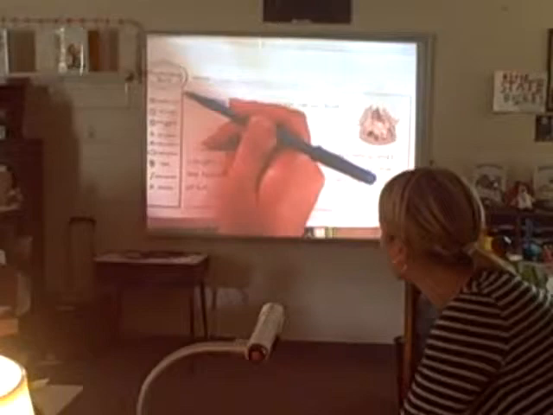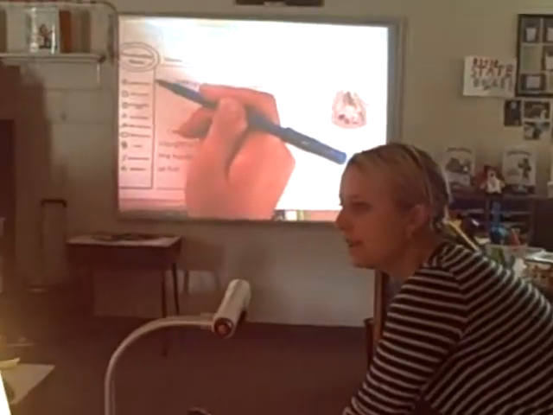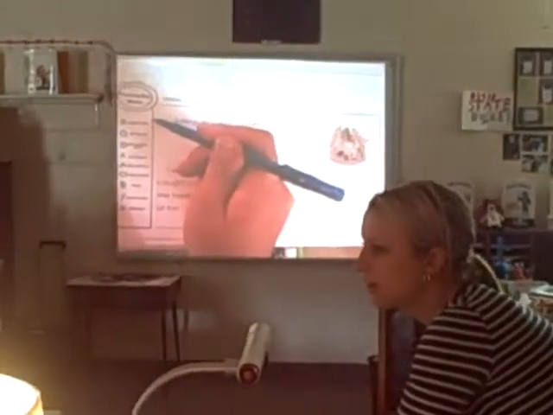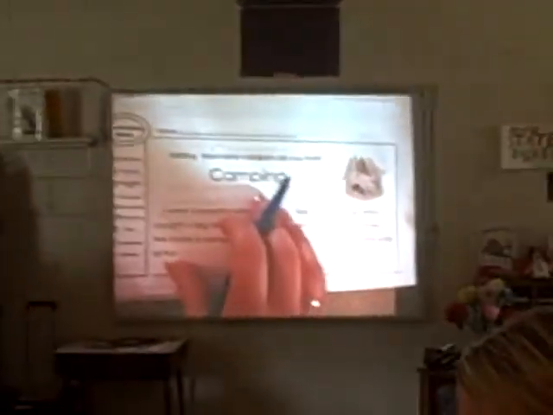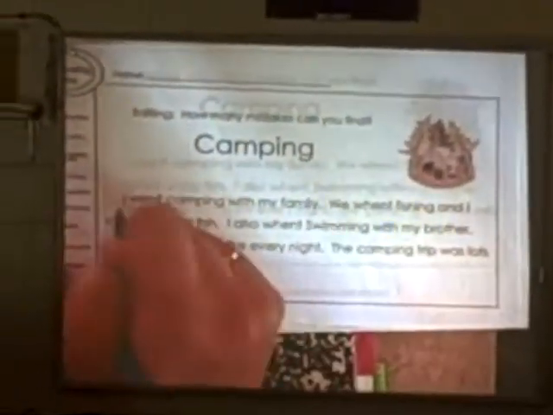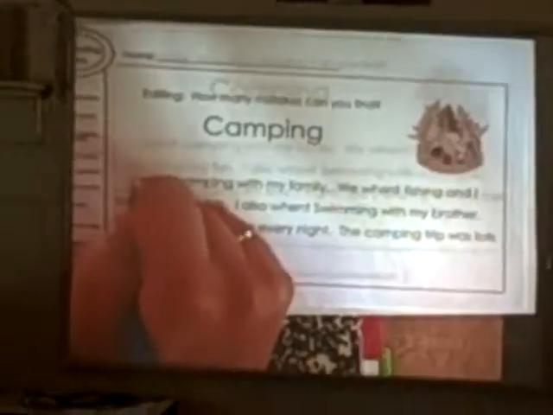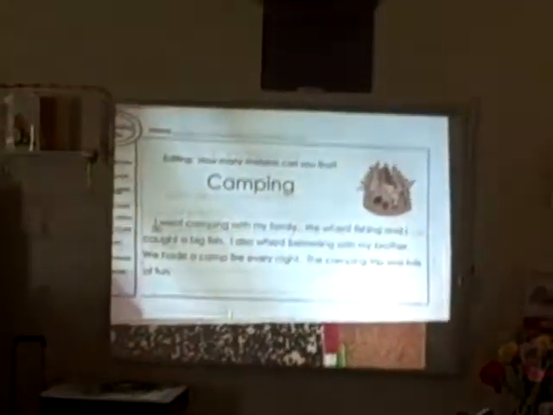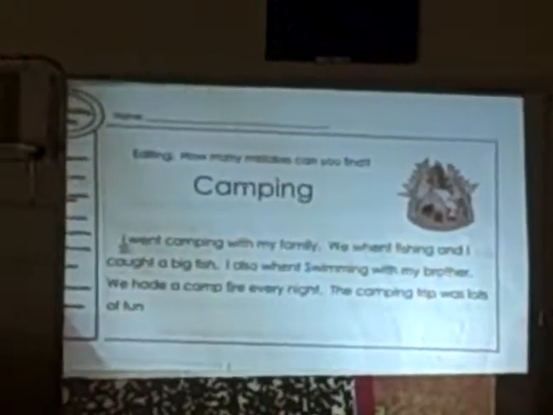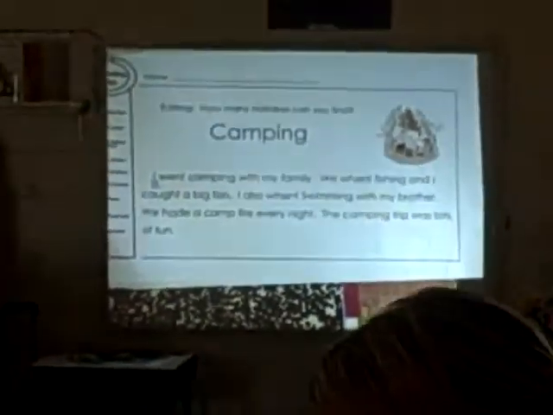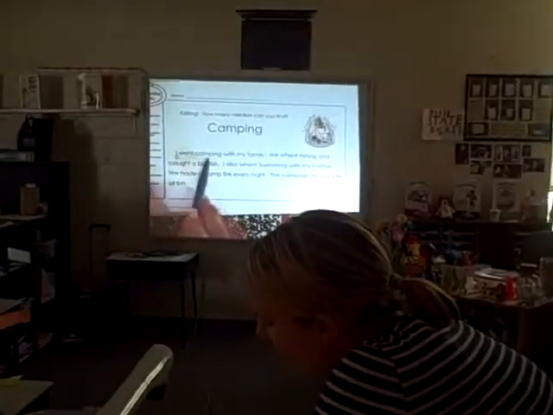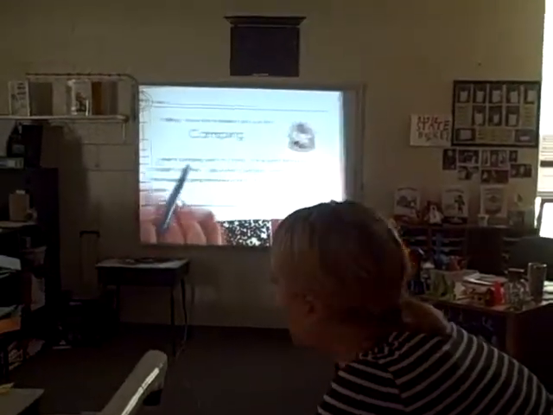So if you look over here in your proof marks, what is the mark that we do to show capitalizing? The very first one, you put 3 lines underneath it. I want everybody to do exactly what I just did. So now you're going to see this and you're going to know, ooh, that needs to be capitalized, right?